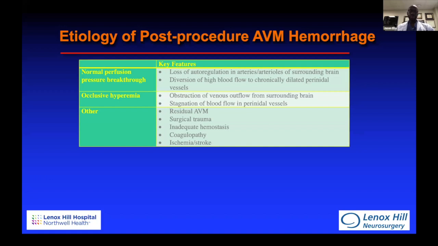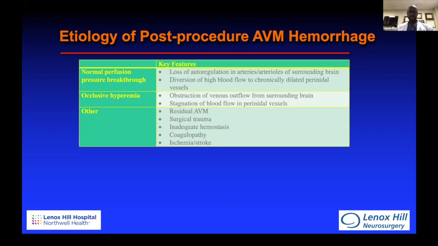Essentially, when you've reduced flow into the nidus of the AVM, it can divert high pressure blood into some of the surrounding arteries that have lost their ability to autoregulate. And when that happens, that can really result in disaster where these vessels tend to rupture. The idea of staging embolization is one of the ways that we try to mitigate this issue.